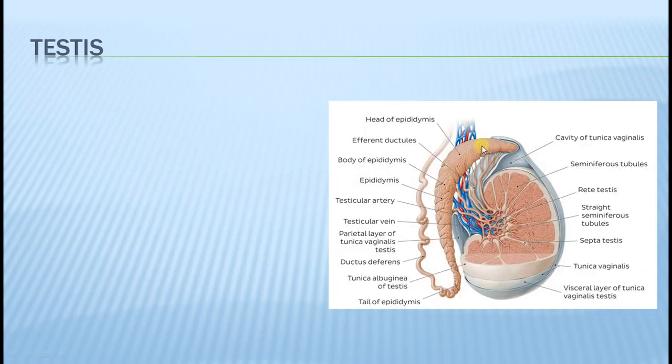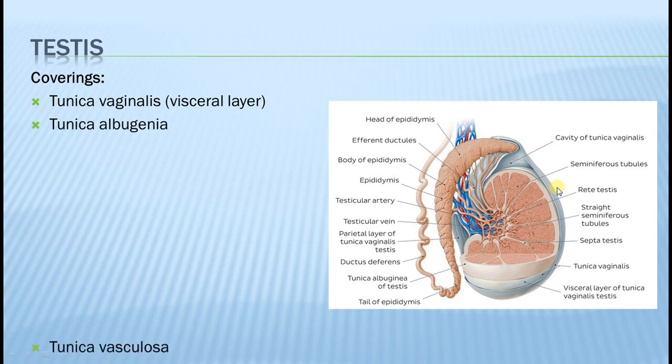Now we come to the coverings of the testis. The outermost covering, mainly it is made up of three coats. Before the tunica albuginea, we have one more layer, that is the visceral layer of the tunica vaginalis. Tunica vaginalis, tunica albuginea, tunica vasculosa.